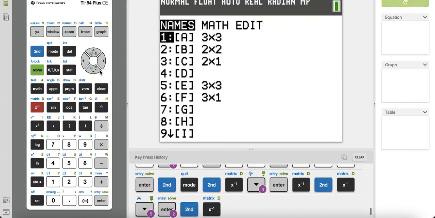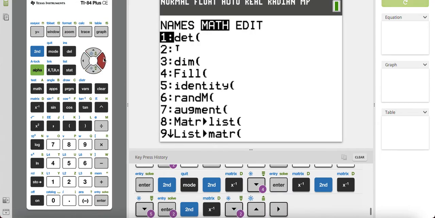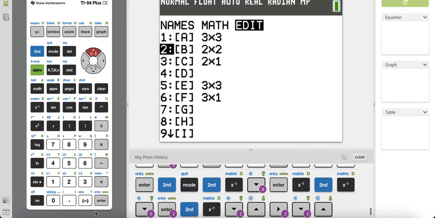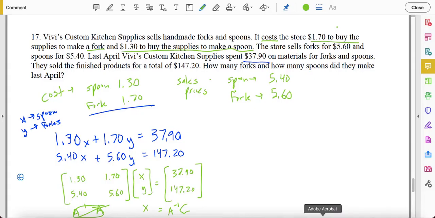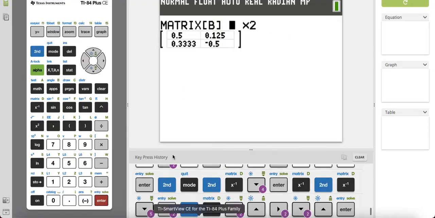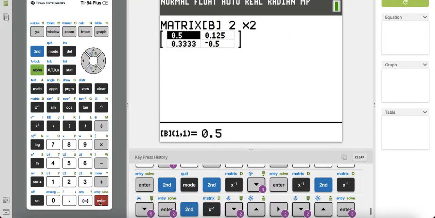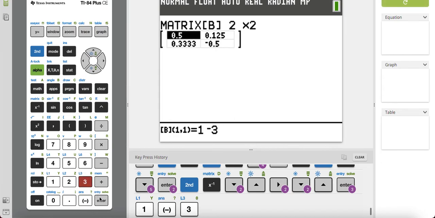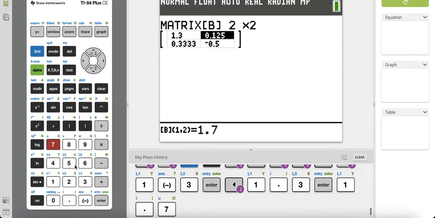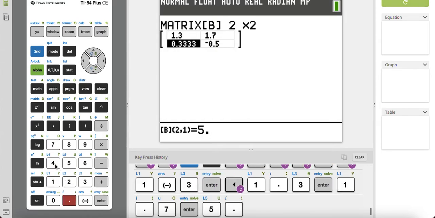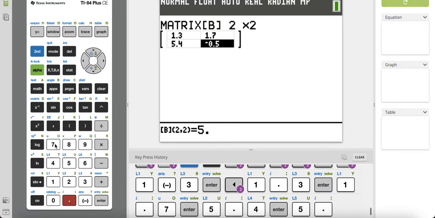Second matrix. So I'm going to use this B and C, my 2 by 2, my 2 by 1. So we've got 130, 170, 540, 570. So 1.3, whoops, 1.3, 1.7, 5.4, and 5.7.